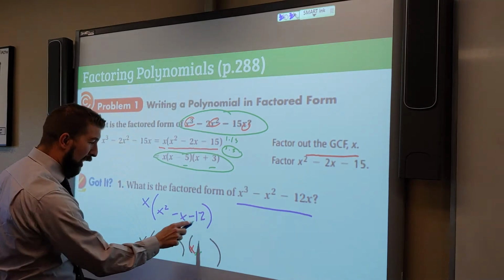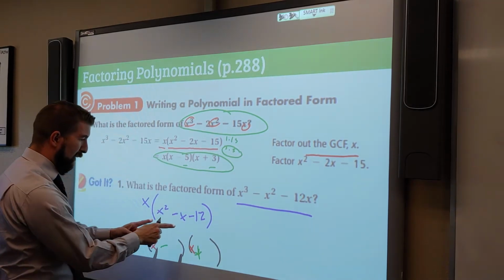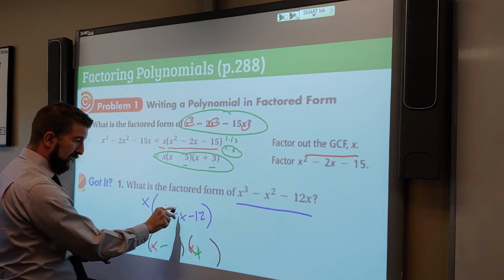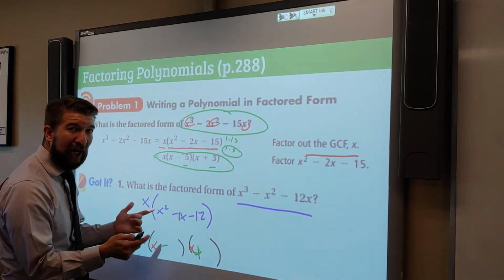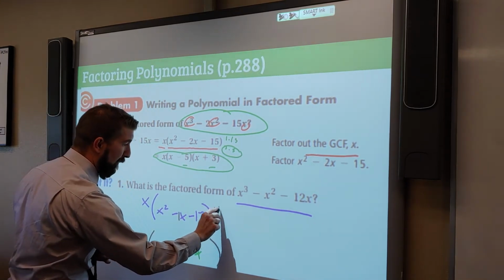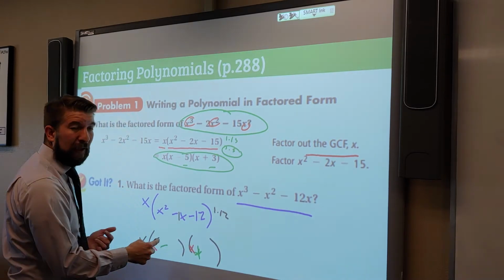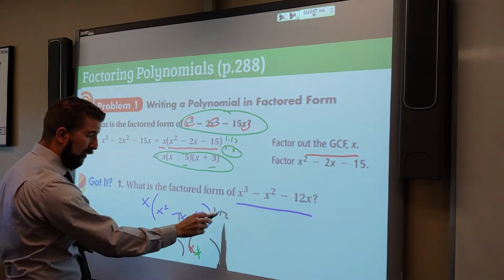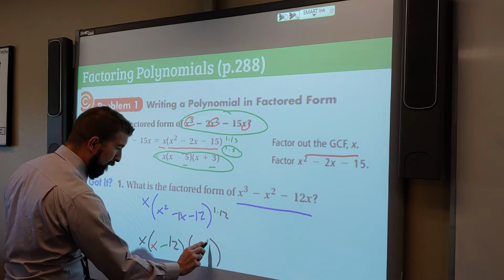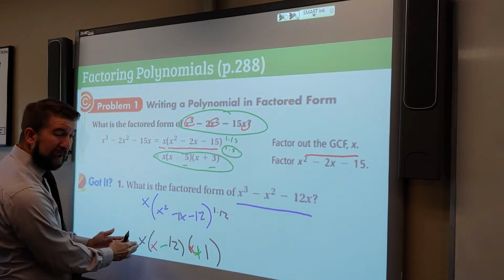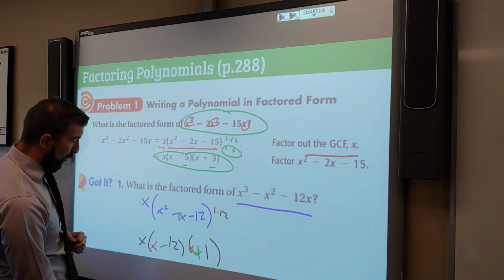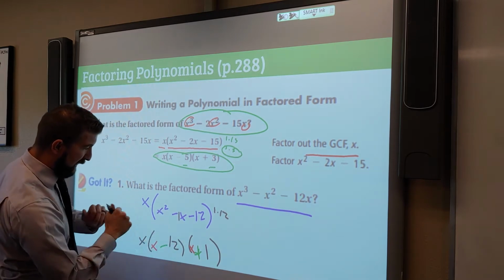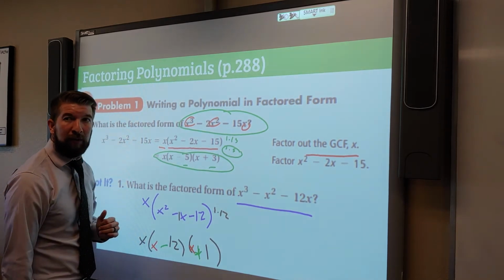Okay, so now I'm looking for multiples of 12 that add up or subtract to be -1. So automatically, I know it's going to be 1 and 12. I put the largest number first. And so I have x, parentheses, x minus 12, parentheses, x plus 1.